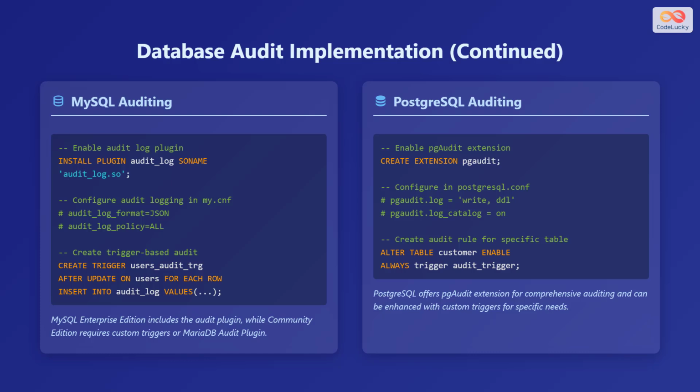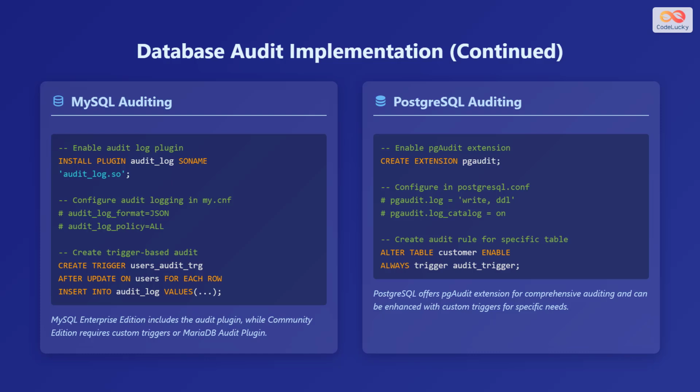Continuing our discussion on database audit implementation, let's explore MySQL and PostgreSQL. For MySQL auditing, first, you need to enable the Audit Log plugin with the command install plugin audit_log soname 'audit_log.so'. Next, you can configure audit logging in the my.cnf file.